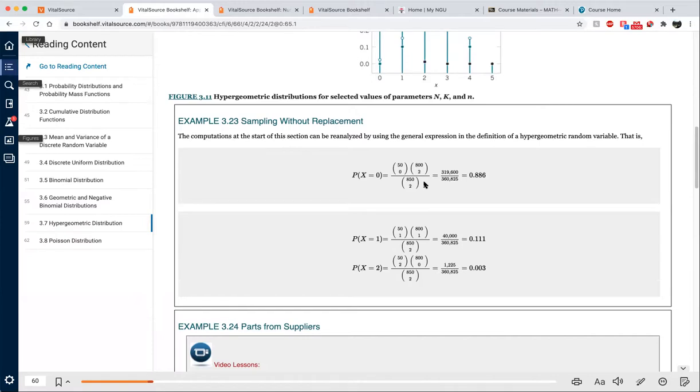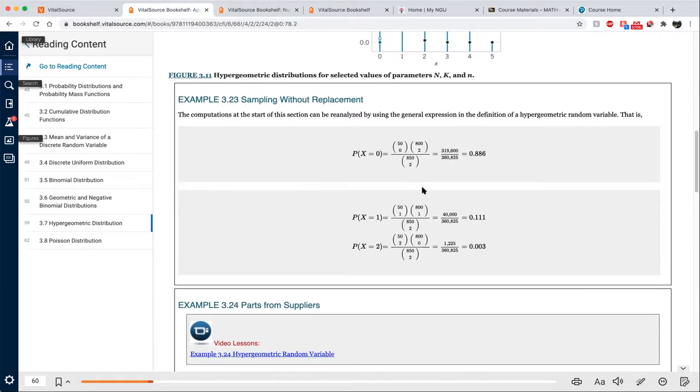In my lecture note, we saw an example about manufactured parts, where we select two parts which are non-conforming, right? So we calculate the probability x equals 0, which is f of 0, the probability x equals 1, which is f of 1, and the probability x equals 2, which is f of 2, using the formula of the PMF of the hypergeometric distribution.